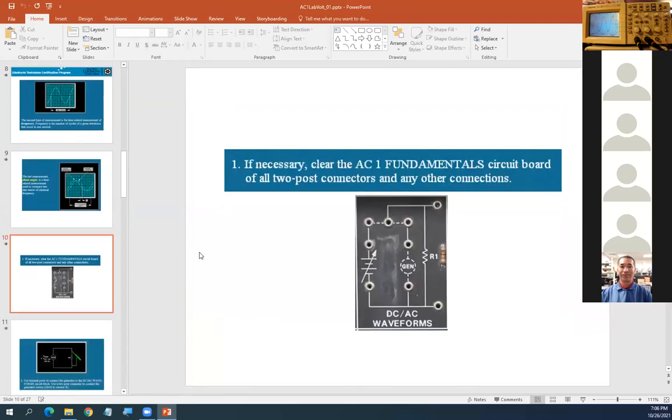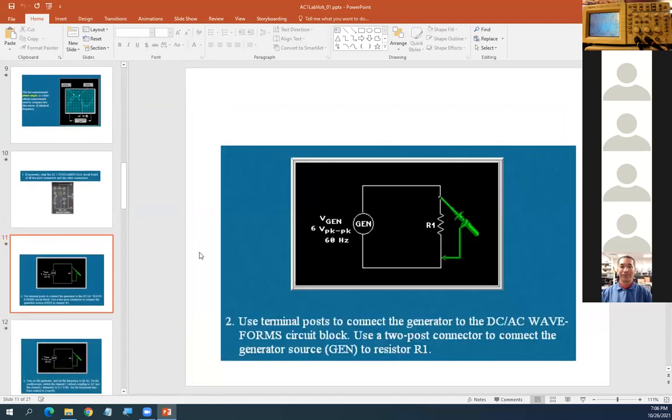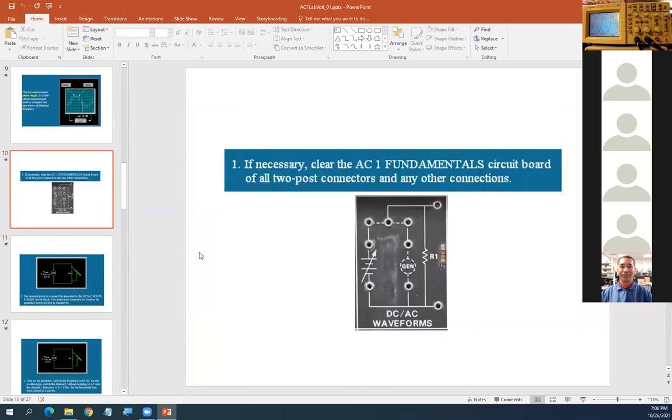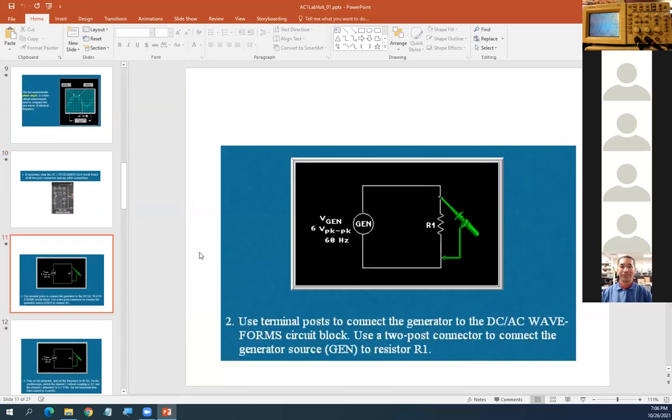Now that one. The first thing they say is the terminal port: connect generator to DC-AC waveform circuit block using 2 port connector to connect generator.